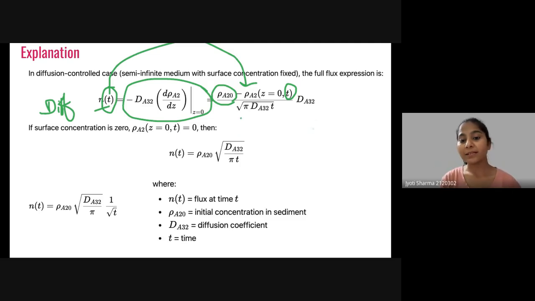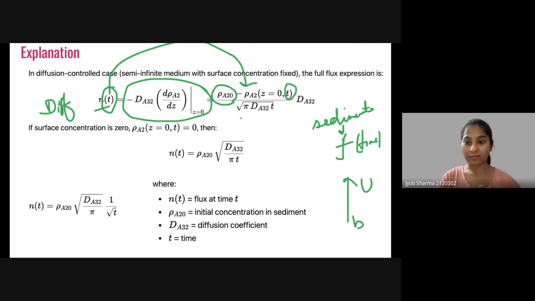And because it is sediment, the sediment flux is now dependent on time, because your concentration has to be transferred from bottom to up, then only there will be some flux. Otherwise, at the interface there will not be any concentration, no flux will happen.